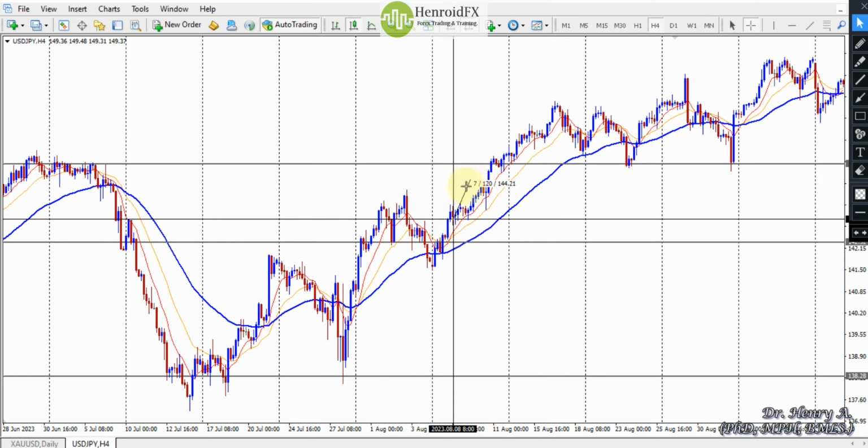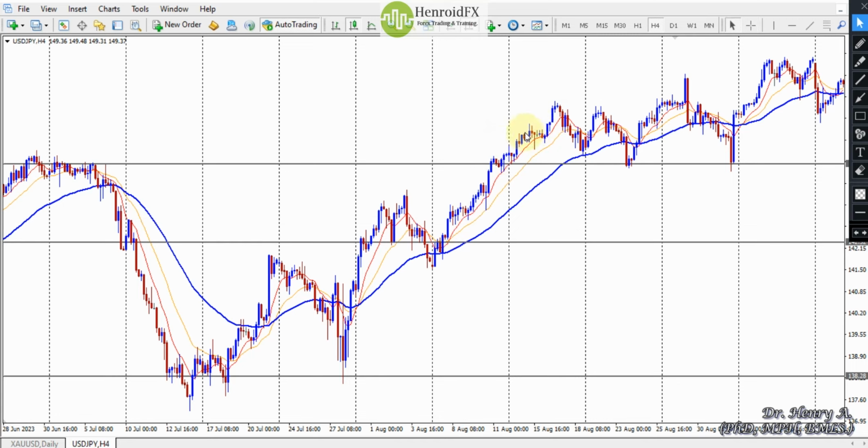Take profit 1 will also be 93, around here, and then take profit 2 will be around 186, which is around here, and then take profit 3 will also be around 260 something. So that's how you go about it.